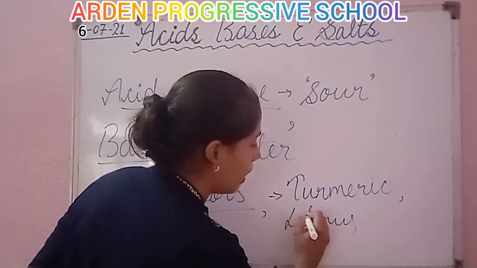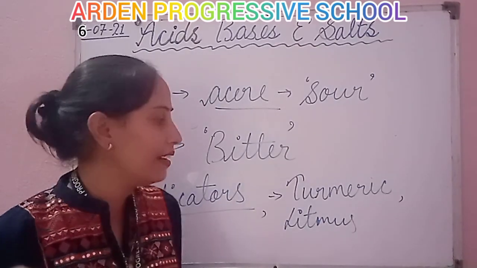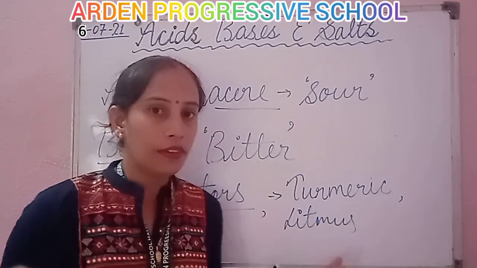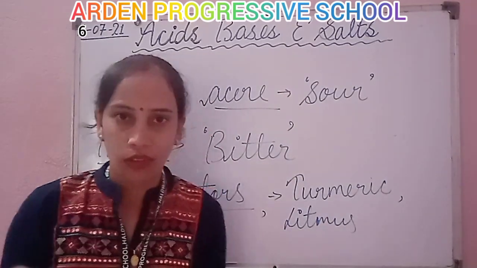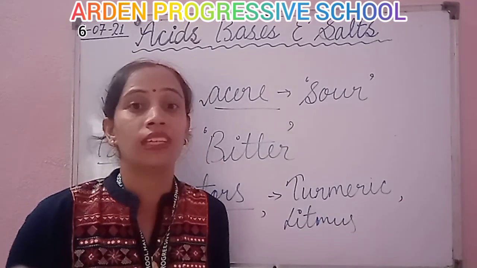Litmus is a kind of paper that is used in the laboratory. Clear? That litmus we obtain from the lichens.